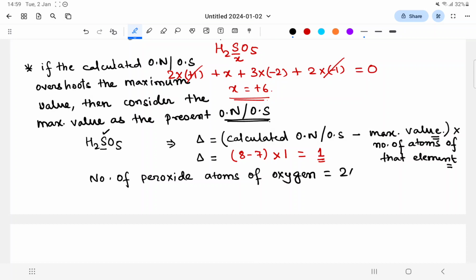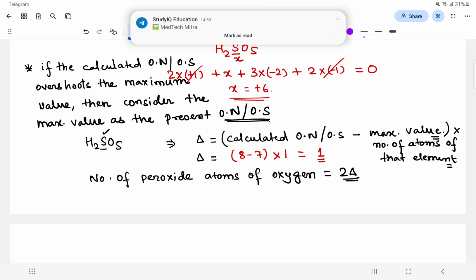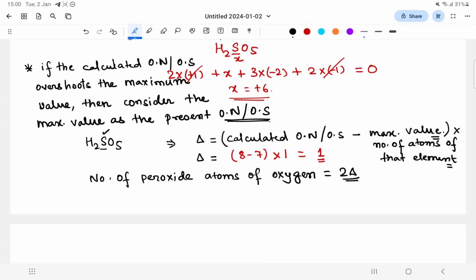The number of peroxide oxygens is equal to 2 times delta. For example, you can see here there are two oxygen atoms which have an oxidation number of -1 on them. So this is the number of peroxide oxygen atoms that we have got here.